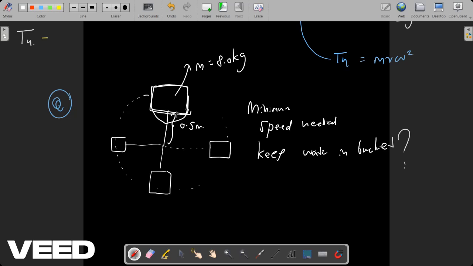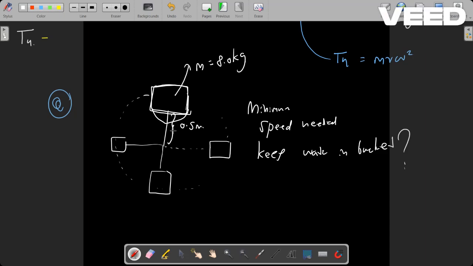So you should find where you have the maximum risk for the water to spill over. At that place, you must maintain at least a certain velocity. We are asking for the minimum velocity. If you rotate the bucket slower than that velocity, water will spill.